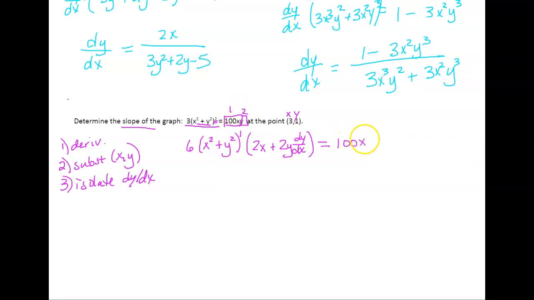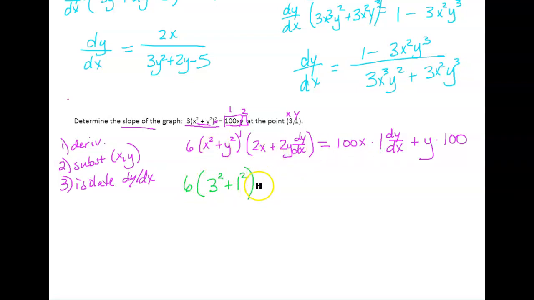1 d2 would be 1 dy dx plus 2 and the derivative of 1. Now, that's my general derivative. And I literally would just plug in x and y right now. So 6, 3 squared plus 1 squared.